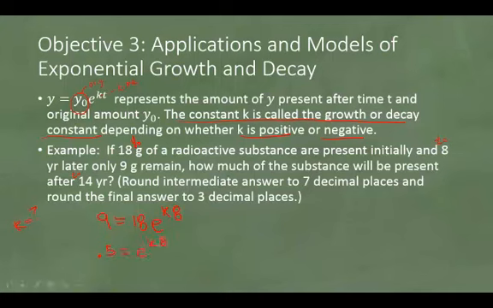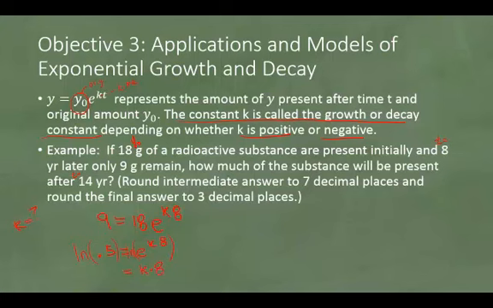And how do we get rid of the e? Here we have to use one of the properties from before where we took the natural log of both sides. Why is that going to work? Remember, the natural log has a base of e. So if the base down here is e, then this e and that base e will cancel out, and you will just be left with k times 8.